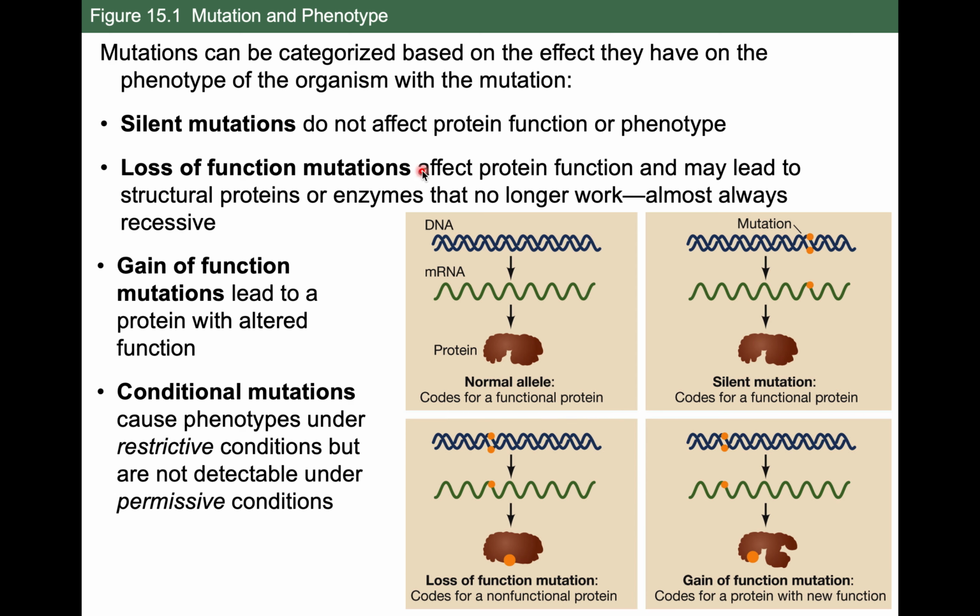So if you're gonna accumulate mutations in your genes, I guess ideally you'd like them to be silent mutations, right? They're not affecting your cell's ability to function in any way. The next very common type of mutation would be what's considered loss of function. And what that's referring to is the fact that we're losing the function of the protein coded for by that gene.